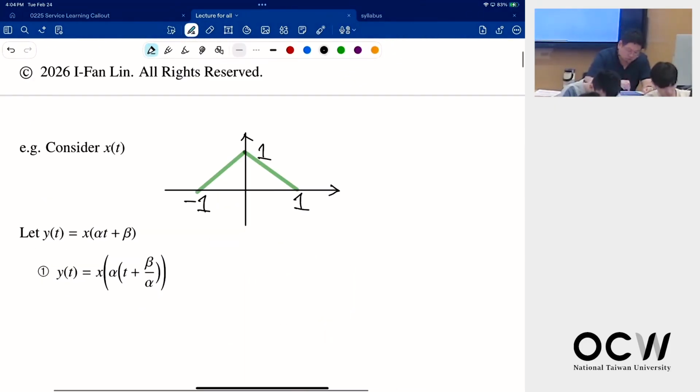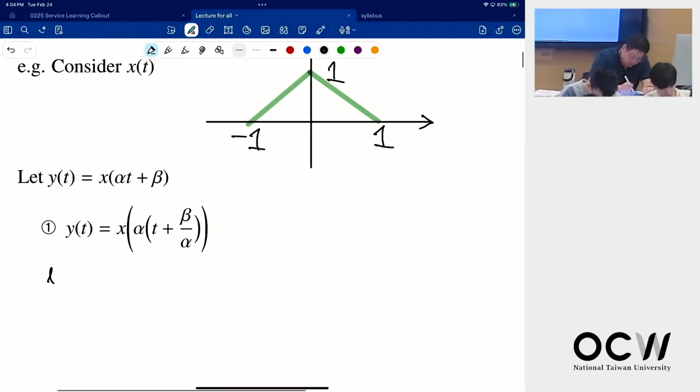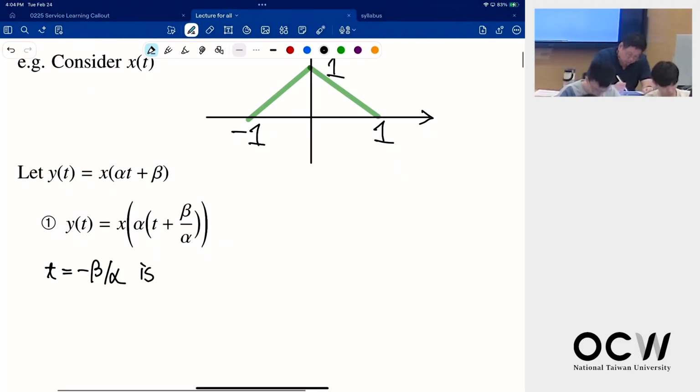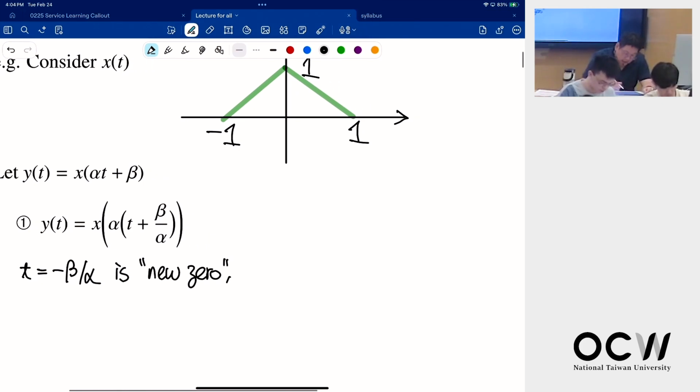So here, t is equal to minus beta over alpha. That is our new 0. And then scaled by alpha.